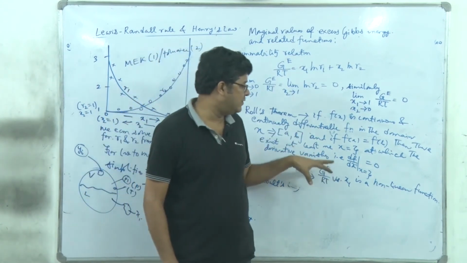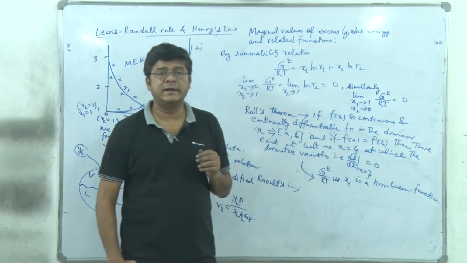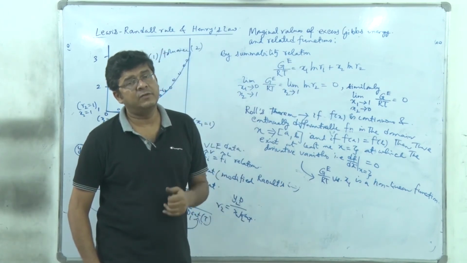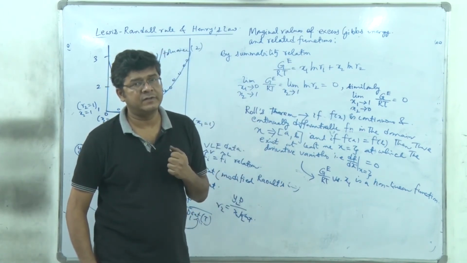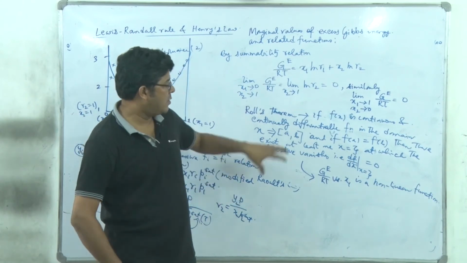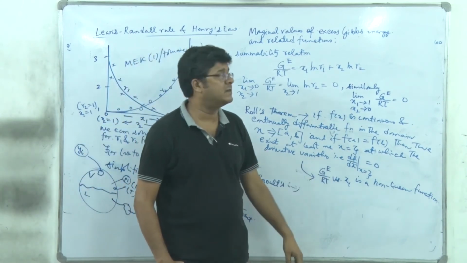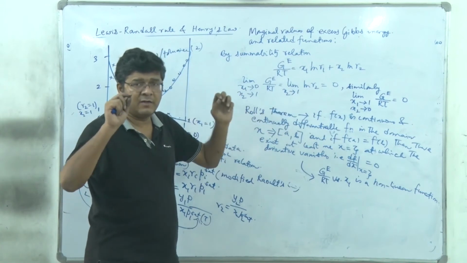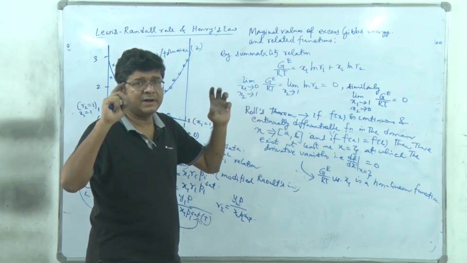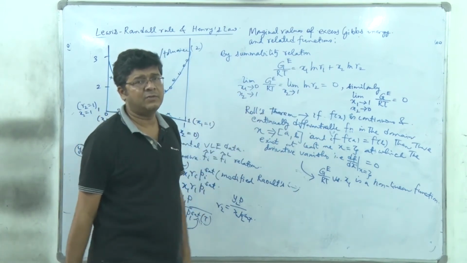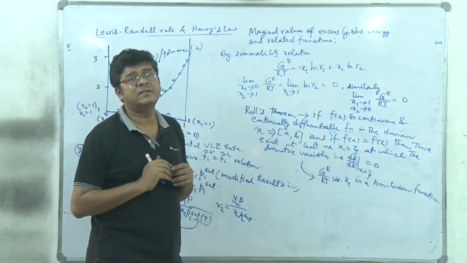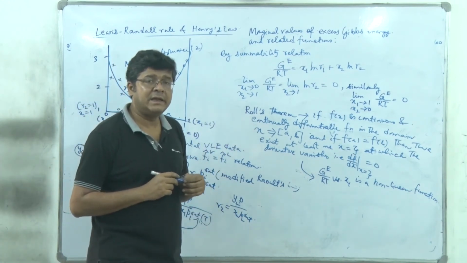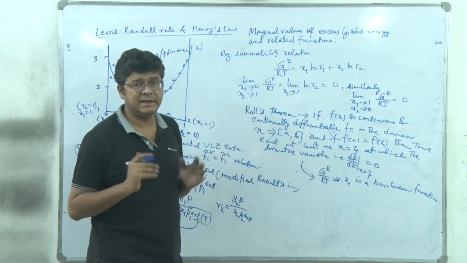So here also G by RT is not a good candidate for the model. We have to think of some other functions. Though it cannot be directly established, at least if we find a function where the intercepts at x1 equal to 0 and at x1 equal to 1 are different, then it may be at least linear.